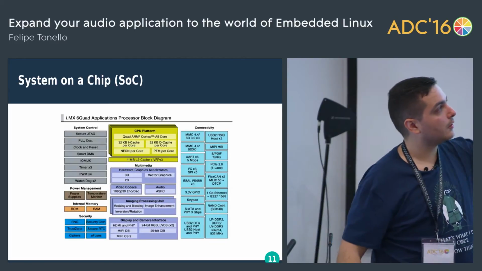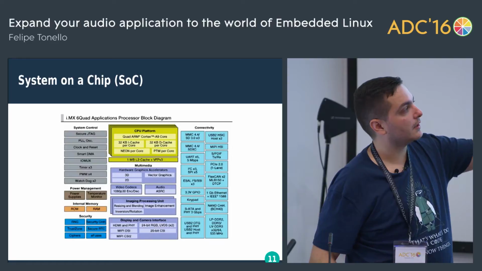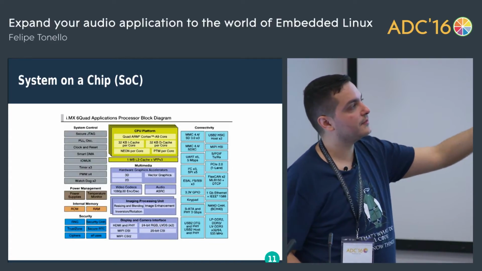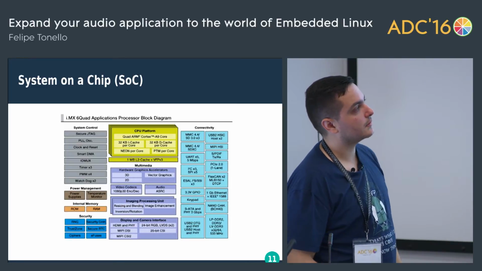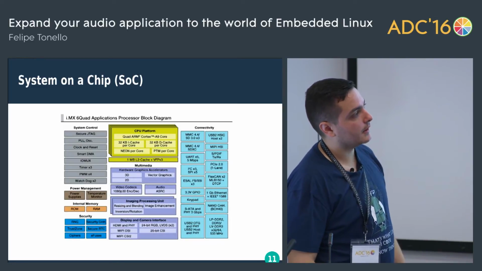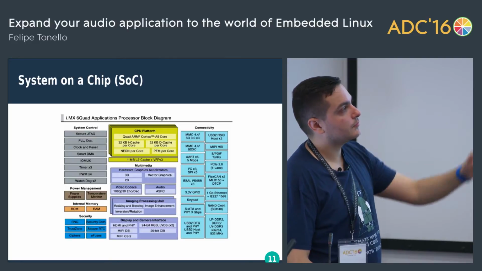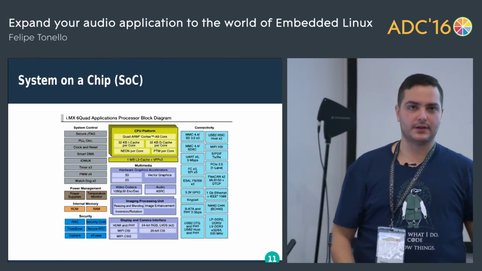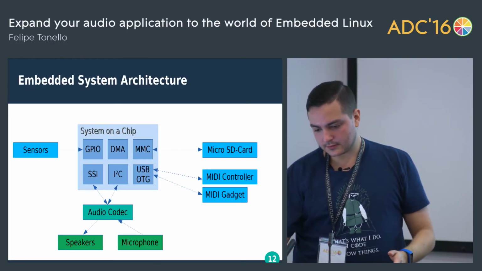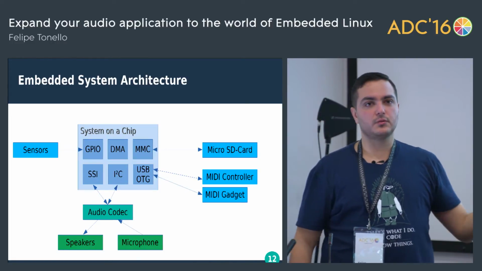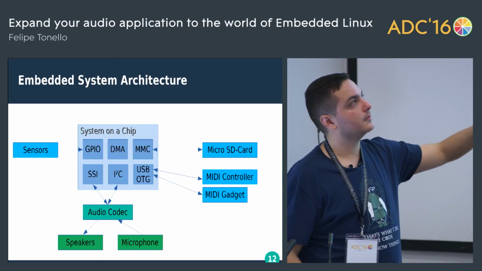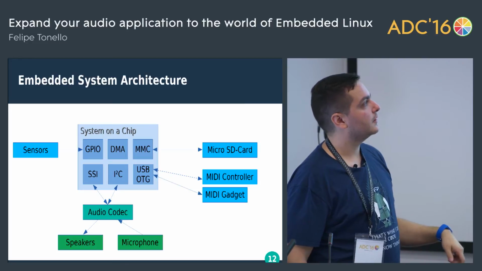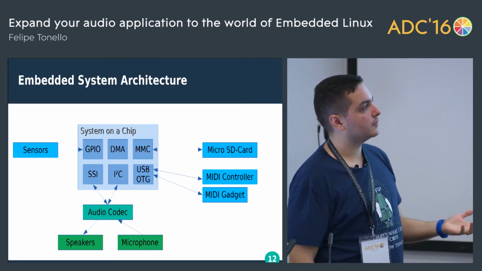On the connectivity side, you have all the audio interfaces, like I2S, SSI, I2C for communicating with the codec if you want, even SPI. You get it, right? This makes things complicated just by that. And if you actually want to use one of these, like an audio architecture, you have to connect them together.